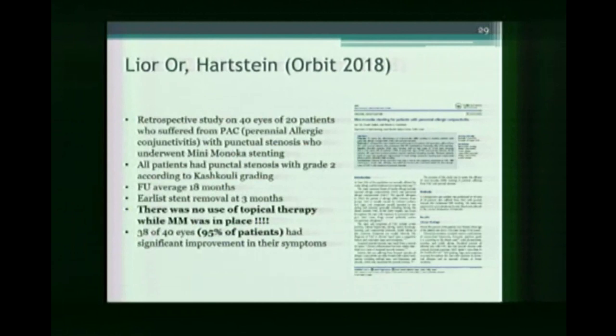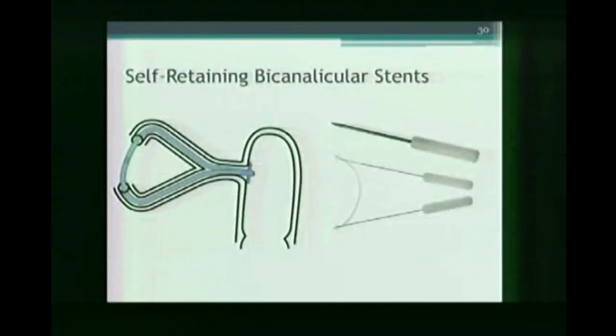This is a bit difficult to digest, since these patients have perennial allergic conjunctivitis, so they have allergy all over the year. How can we control their disease over a year or a year and a half without topical medication? I found that a bit awkward, though their success rate was high, and they reported up to 95% success.